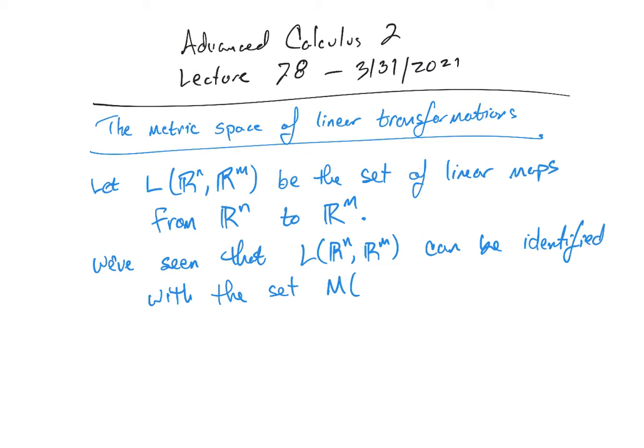So these things map from Rn to Rm, and therefore they are m by n matrices.